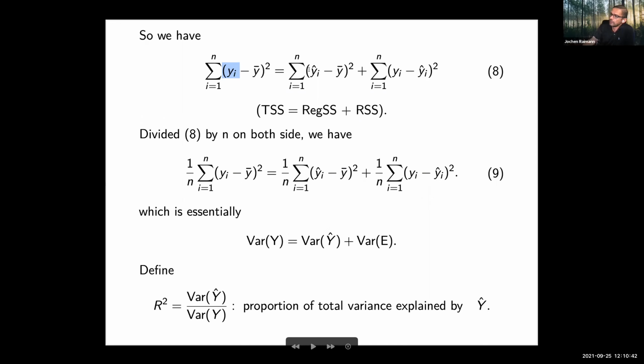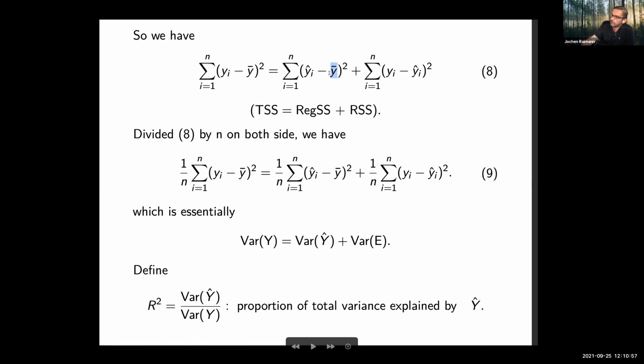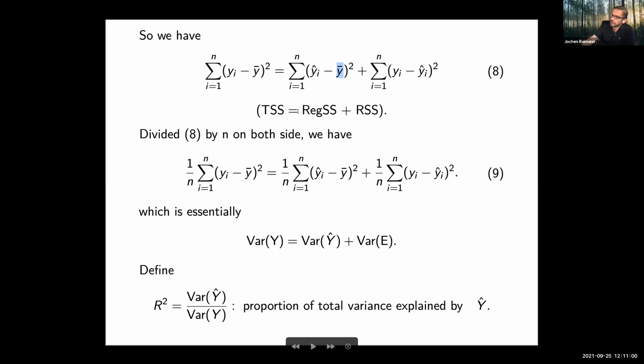If we are now using the yi hat values, we get one yi hat for each individual data entry point. And if we square these deviations, now we get a regression sum of squares. And now going to a third level, we have the regression sum of squares plus the residual sum of squares. So the RSS is the residual sum of squares, where we have the individual data point minus the predicted data point.